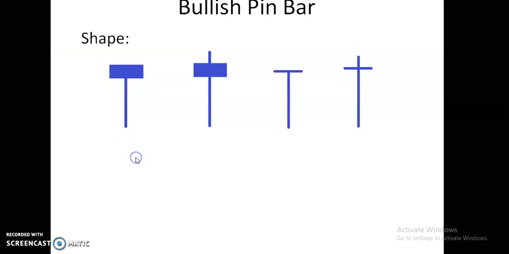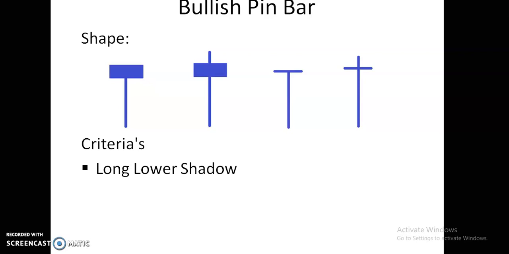Let's see the criteria. What criteria do we need? The first criterion is a long lower shadow. When they form this bullish pin bar, they form a long lower shadow. Have you seen it? This long lower shadow.